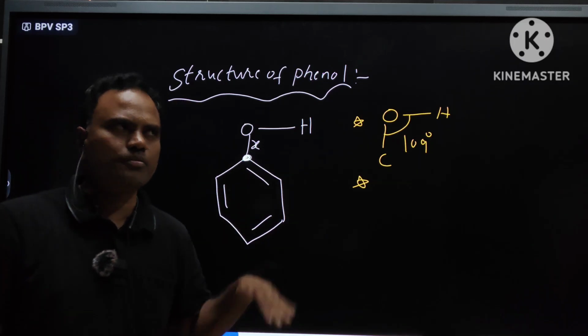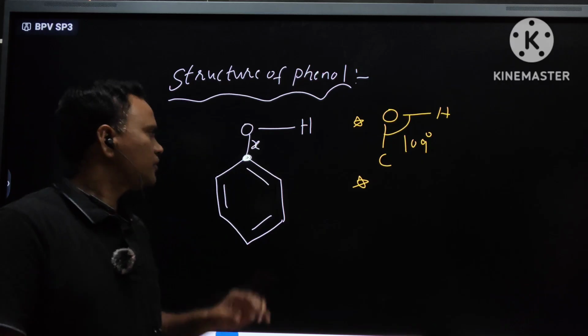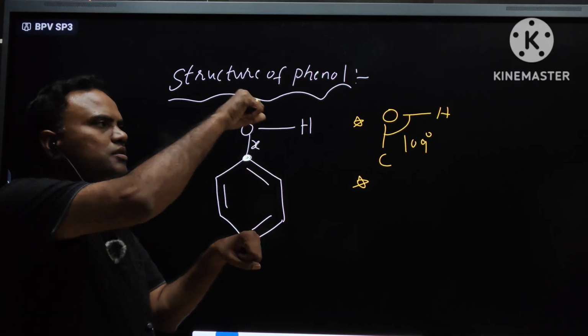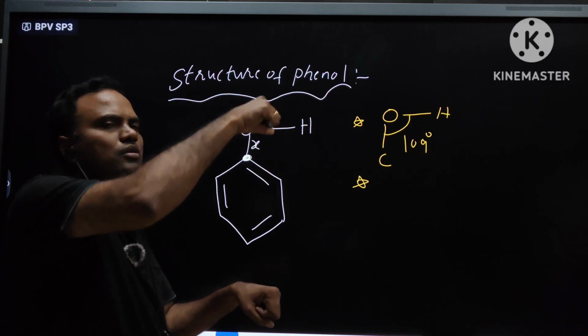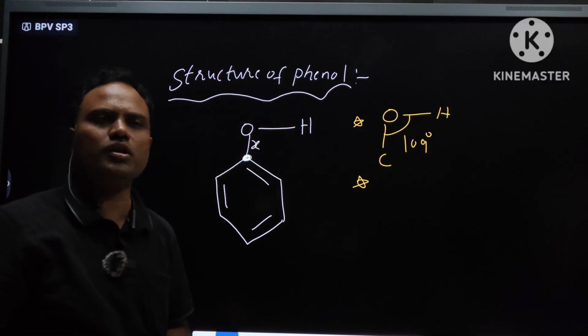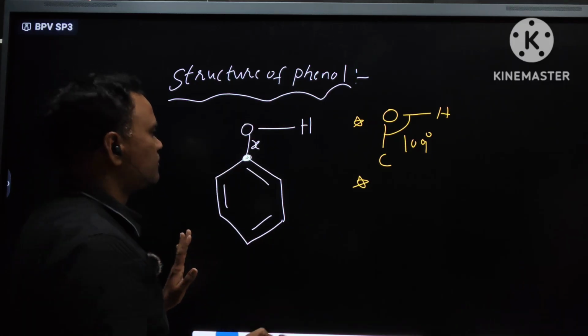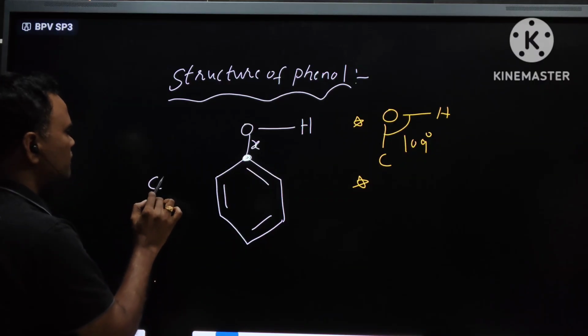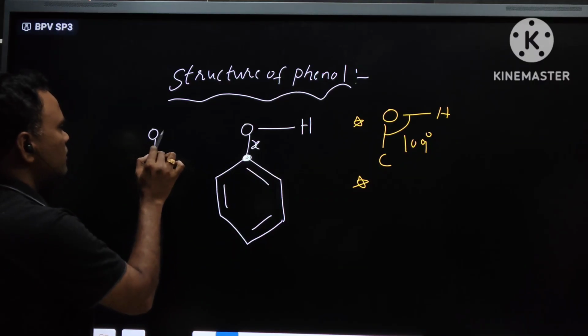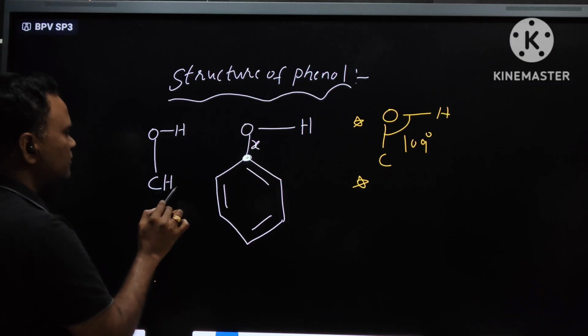This is the oxygen atom, white dot. This is the carbon atom, white dot. Between these two, what is the distance? That is bond length. I am taking normal alcohol here, methanol.